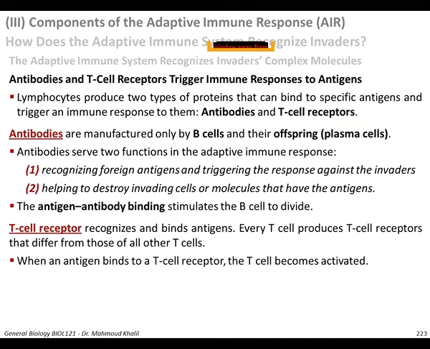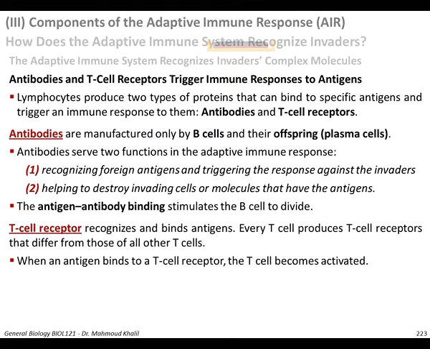Meanwhile, the T cell receptor can recognize and bind antigen. Every T cell can produce a T cell receptor that differs from those of all other T cells. So collectively your body will have, for example, a million different T cells, each expressing on its surface a different kind of T cell receptor. You can imagine the capability of this adaptive immune response to defend against a million different antigens, because these T cell receptors are different on the surface of the T cells.